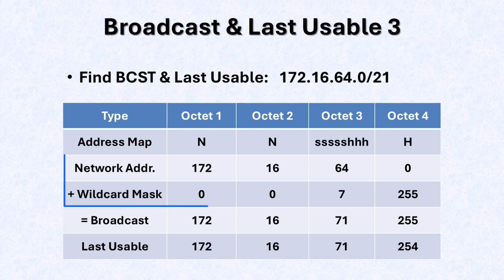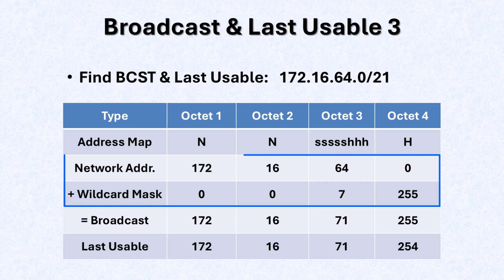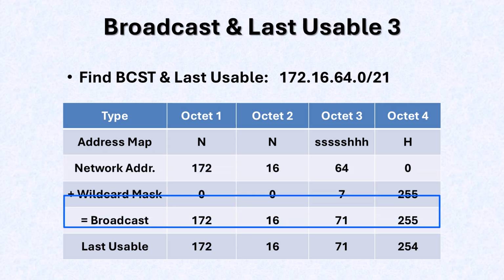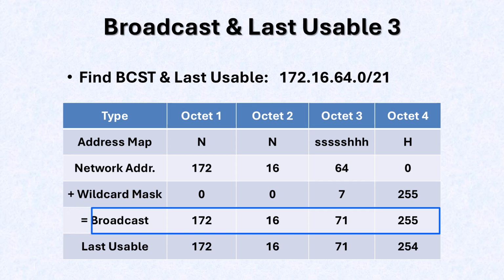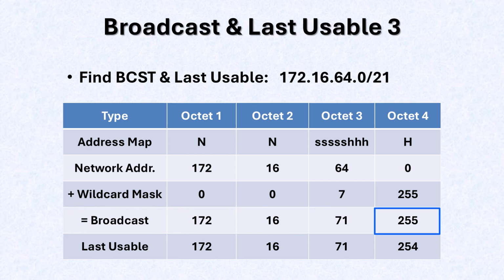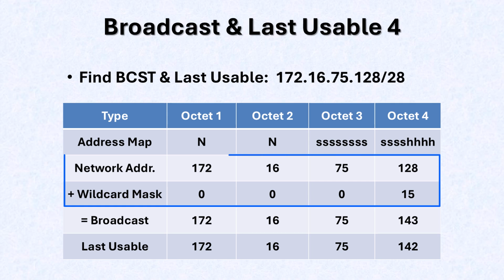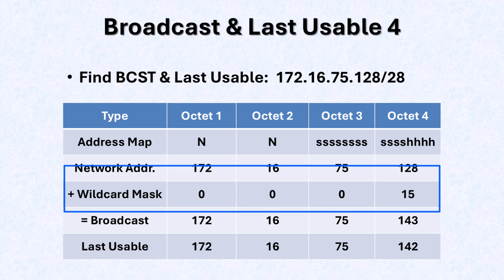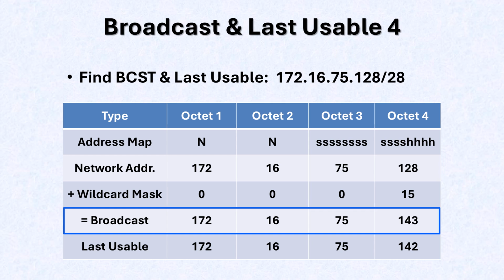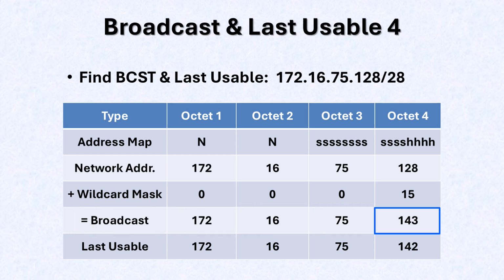Here is example 3. Add the wildcard mask to the network address to get the broadcast. And subtract 1 from the broadcast to get the last usable. And example 4 for your review. Add the wildcard mask to the network address to get the broadcast. And subtract 1 from the broadcast to get the last usable.